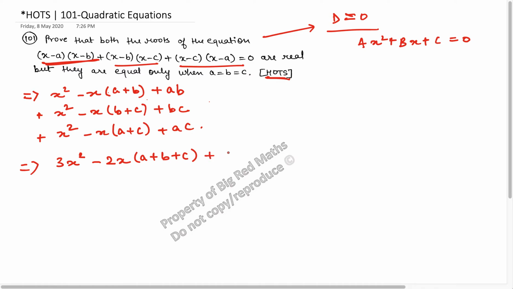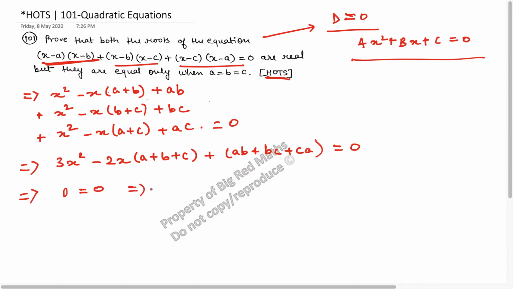The third term is plus ab plus bc plus ca. If this is the quadratic equation equal to 0, I can apply the formula and try to equate D to 0.